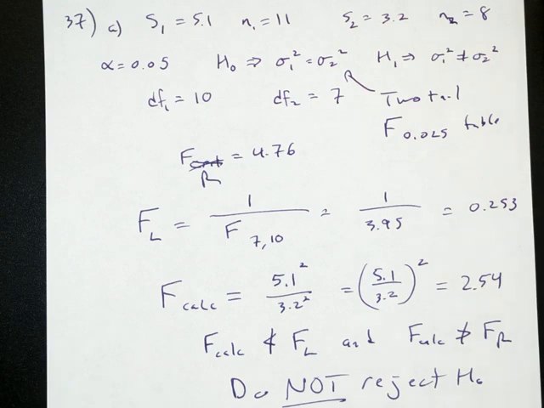F.INV, find the value, not the area, where the area is 0.025, 10 for degrees of freedom 1, 7 for degrees of freedom 2. To do the right one, it's F.INV.RT, 0.025, 10 for degrees of freedom 1, 7 for degrees of freedom 2.